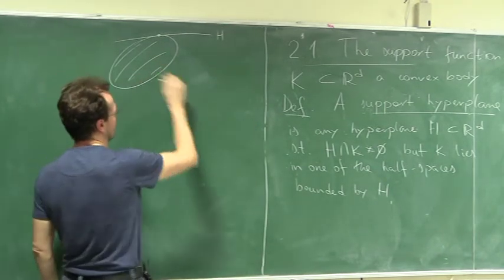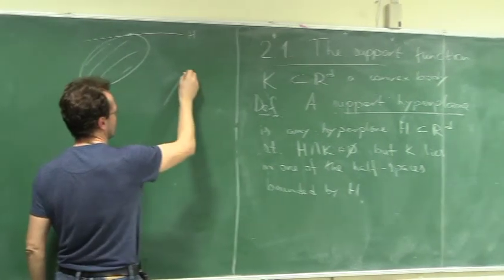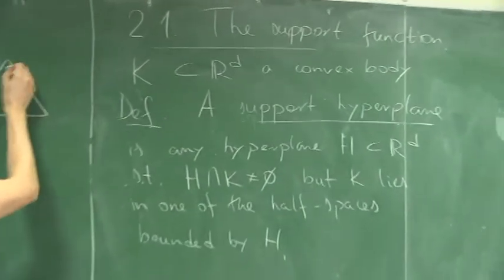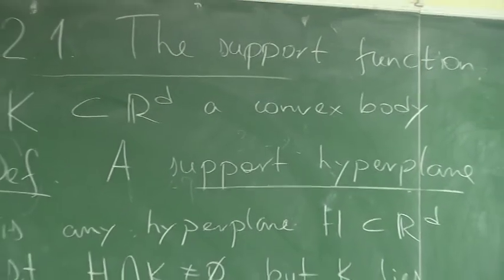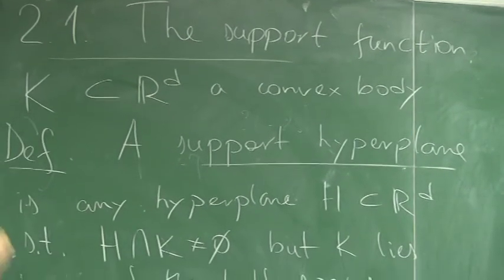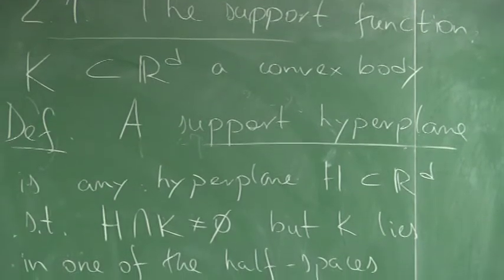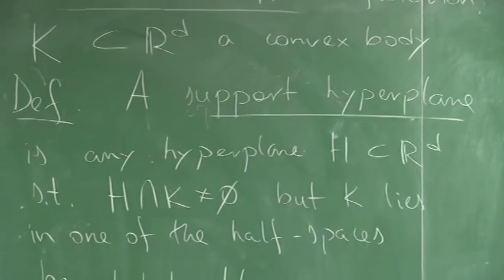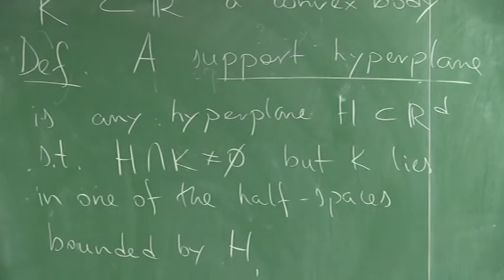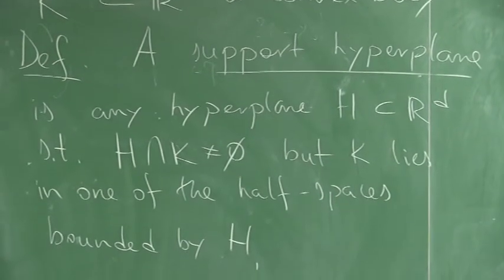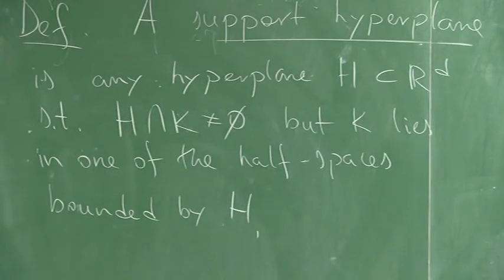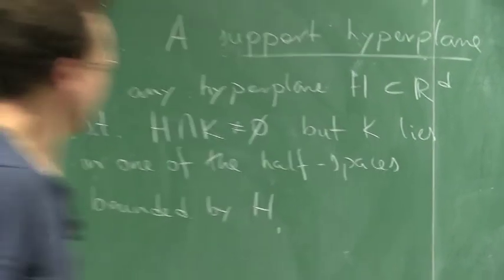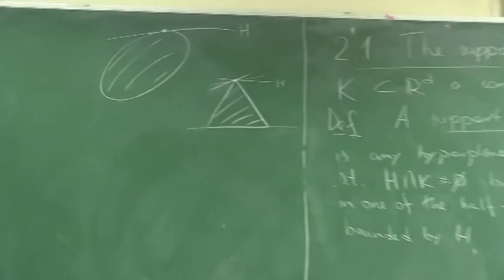But if we take something non-smooth, so let's take a triangle, then in this case it's a support line. There are infinitely many support lines that go through this vertex. So all these are support lines, but there are also support lines which contain an edge of the triangle.